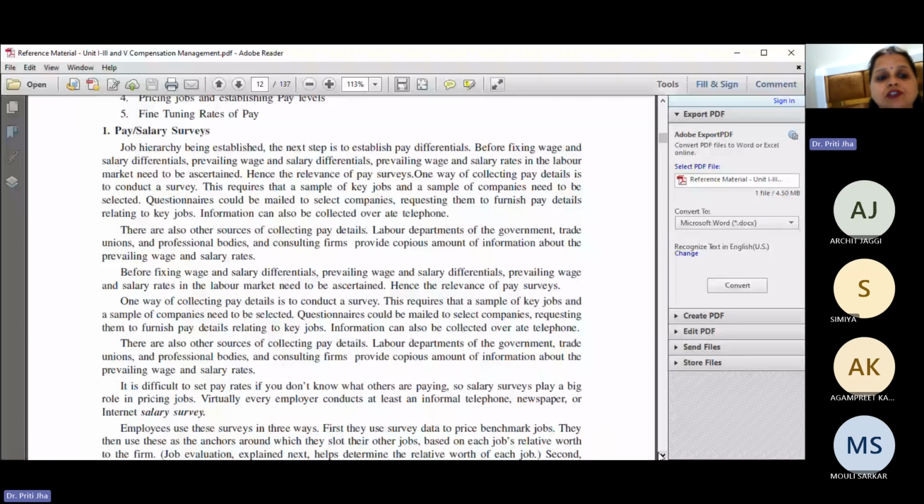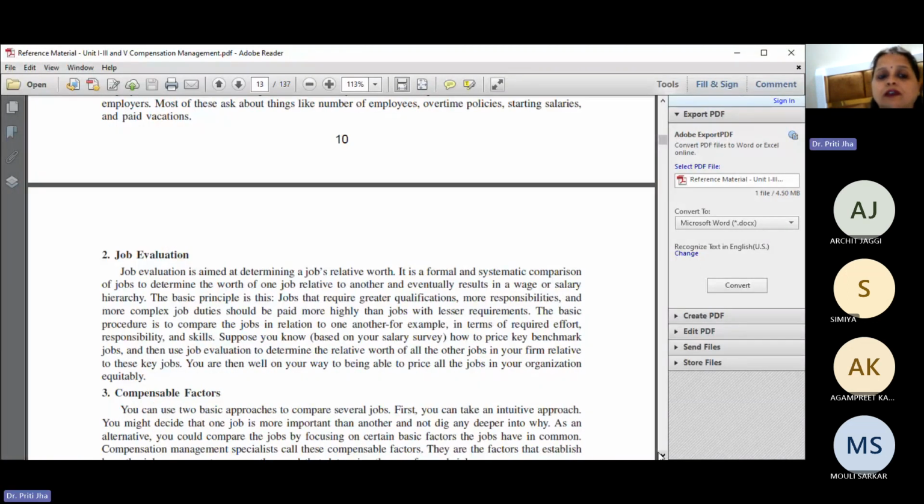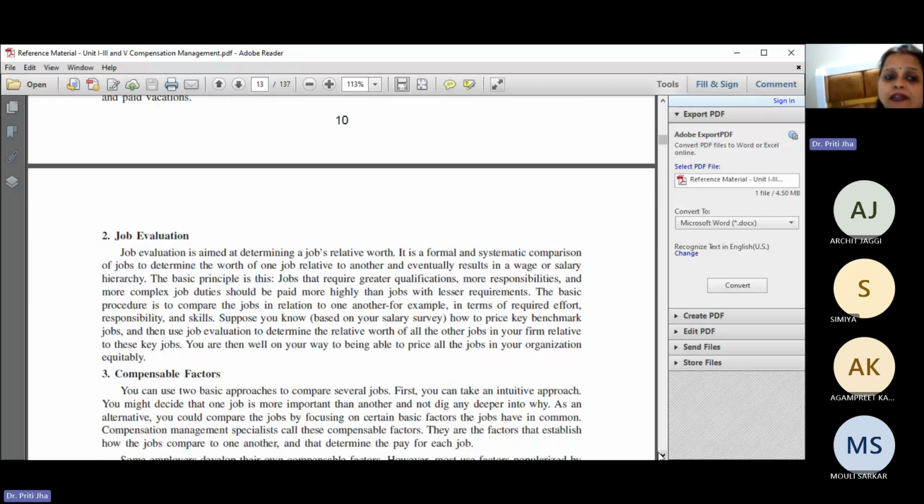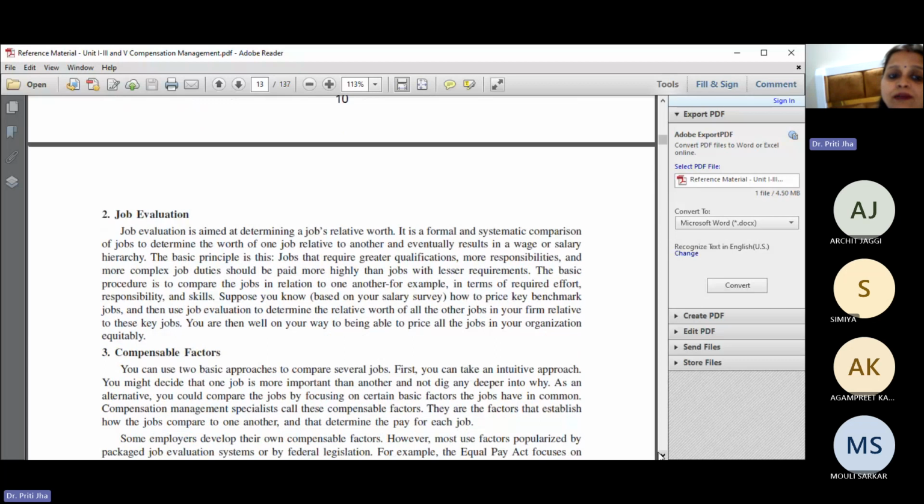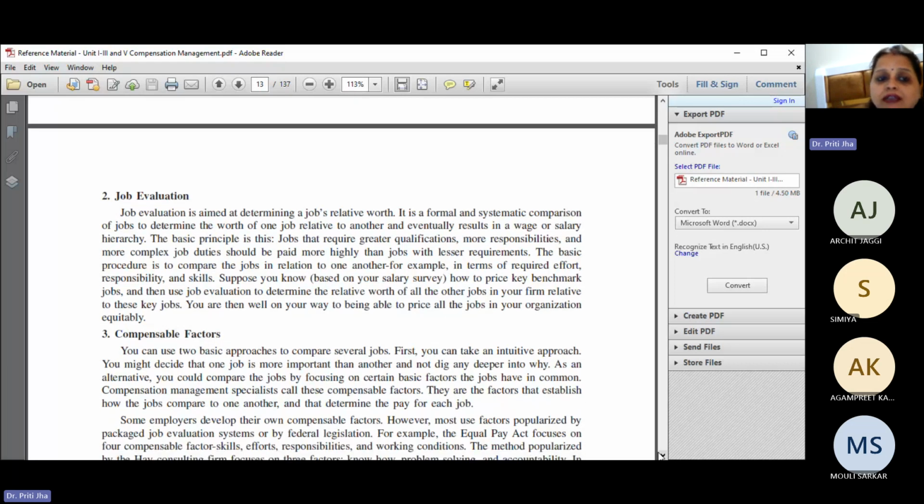Next is job evaluation. Job evaluation is aimed at determining a job's relative worth. It is a formal and systematic comparison of jobs to determine the worth of one job relative to another and eventually results in a wage or salary hierarchy.